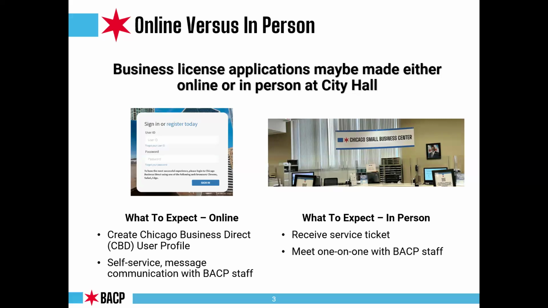If it's because you're looking to obtain a business license, they'll ask some additional questions around the type of business that you're looking to operate, if it's in Chicago, and the location. This is just to ensure that they route you to the right consultant.